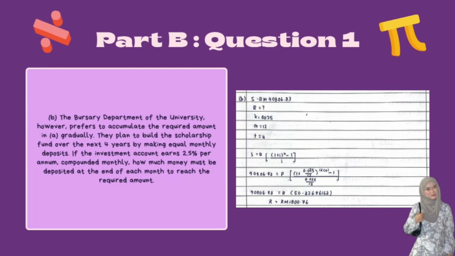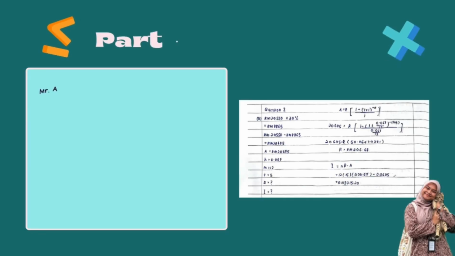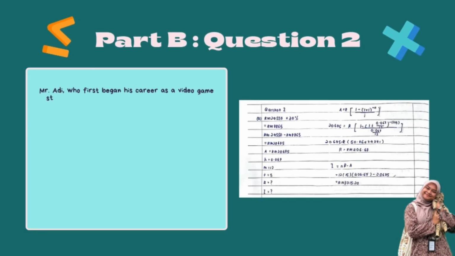Next, it will be 90806.83 equals R in the bracket 50.426866163. So the final answer we get for question B is R equals RM1800.76.